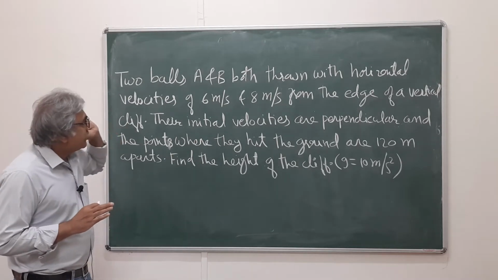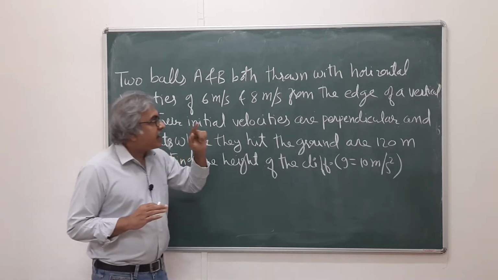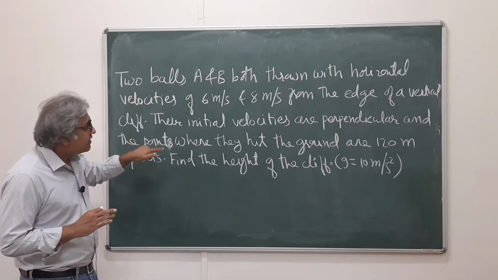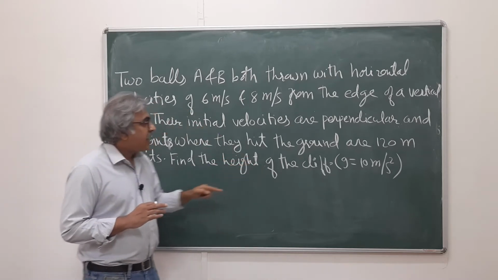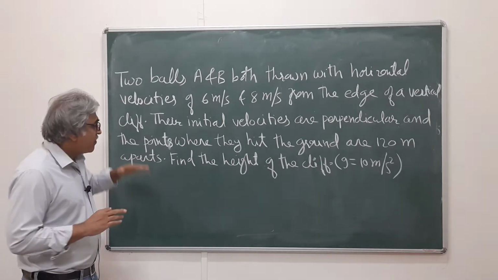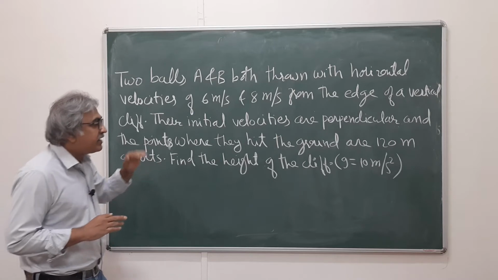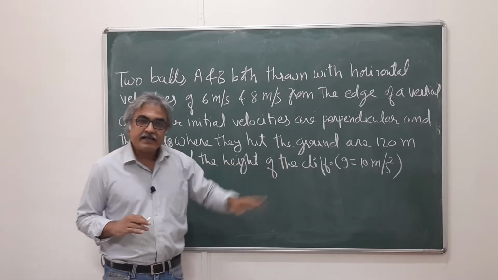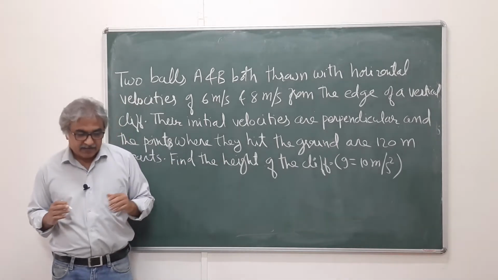Their initial velocities are perpendicular and the points where they hit the ground are 100 and 120 meters apart. Find the height of the cliff, and g is 10 meters per second squared.